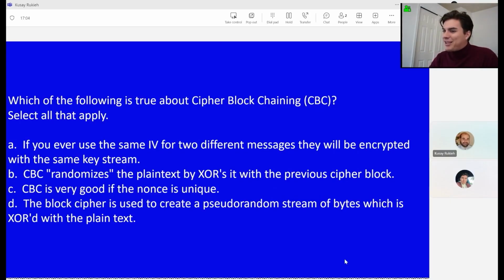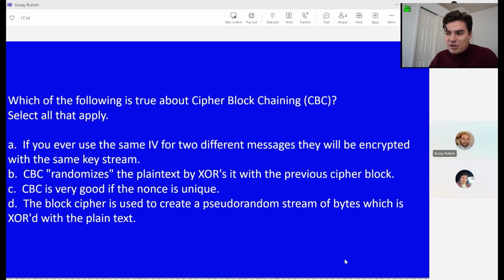That kind of throws me off with key stream. Let me take a look at the next one. Cipher block chaining randomizes the plaintext by XORing it with the previous cipher block. True, we know that's for sure true. We know that CBC does not use a nonce. That's only counter mode, so C is not correct.